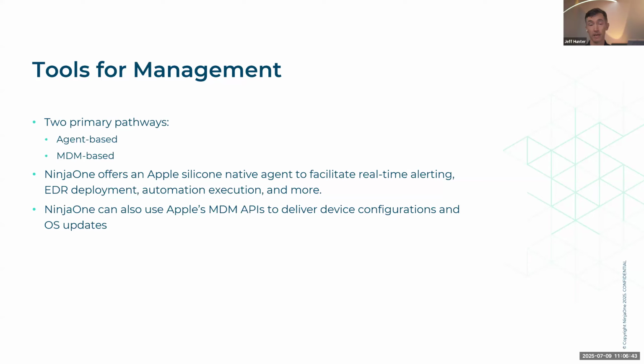And so the difference here is an agent that resides directly on the device versus the MDM APIs, where NinjaOne is actually routing a lot of the commands through Apple's pathways that they've put in place to allow you to manage the device. That allows you to manage the device configurations, OS updates, the functionality of the device.